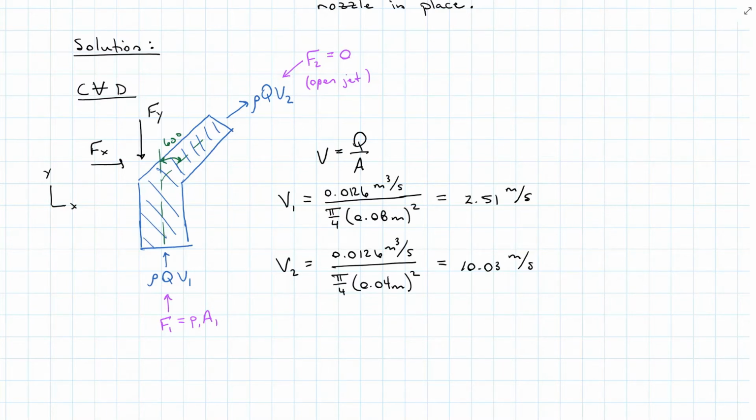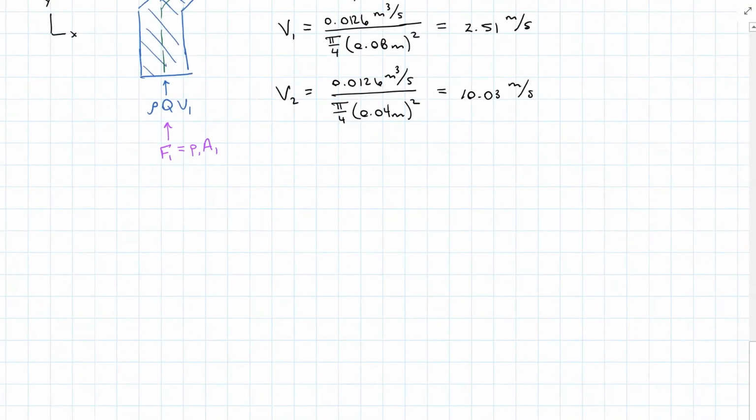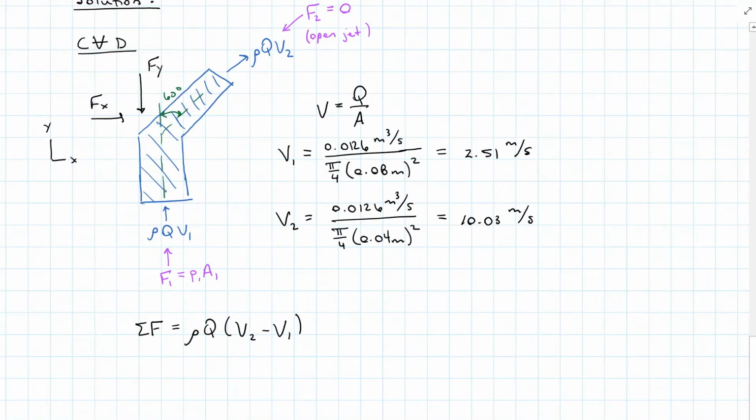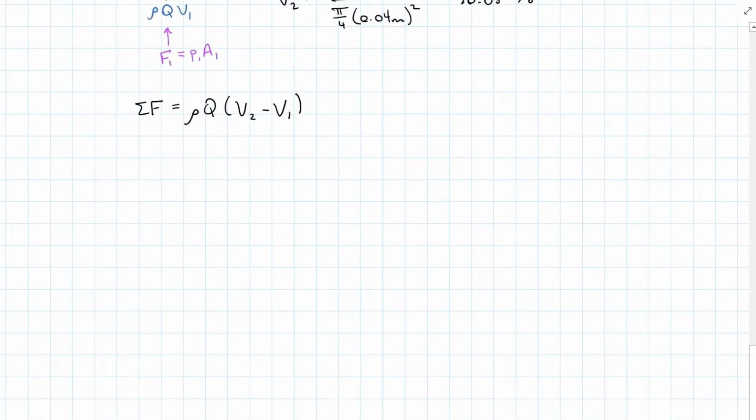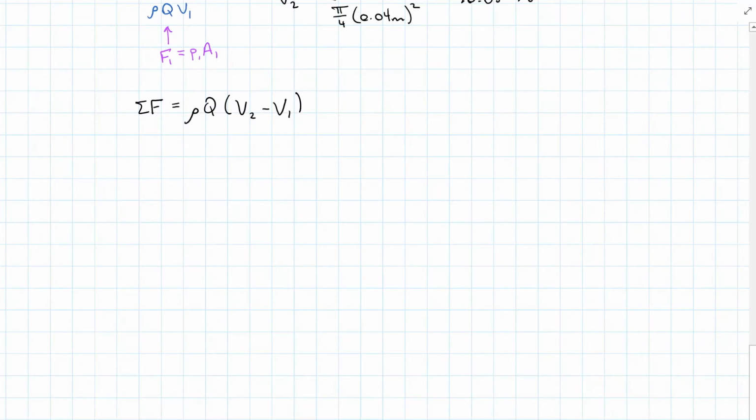So we need to put this all together. Okay, so we have our equation, which is the sum of the forces is equal to rho Q (V2 minus V1). And in this case, we have forces in the X direction and the Y direction. So I'm going to break up those components. I'm going to start with forces in the Y direction.